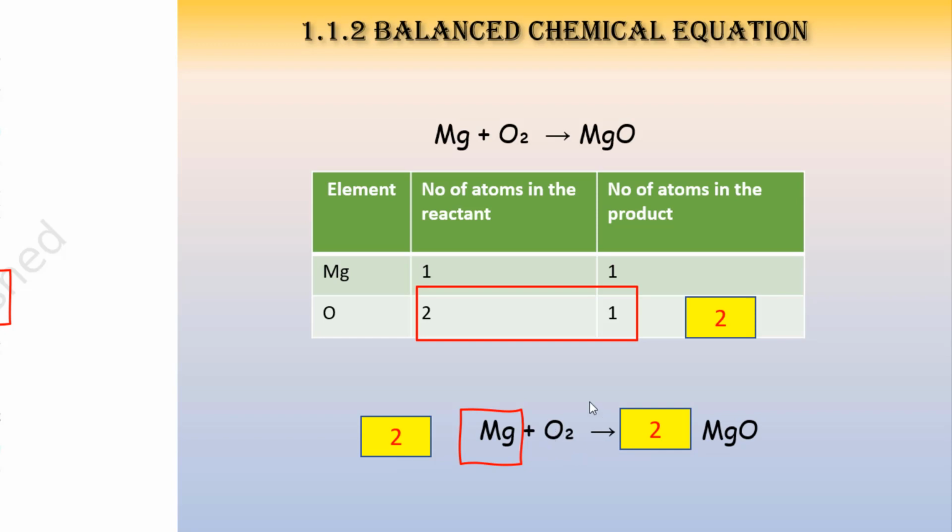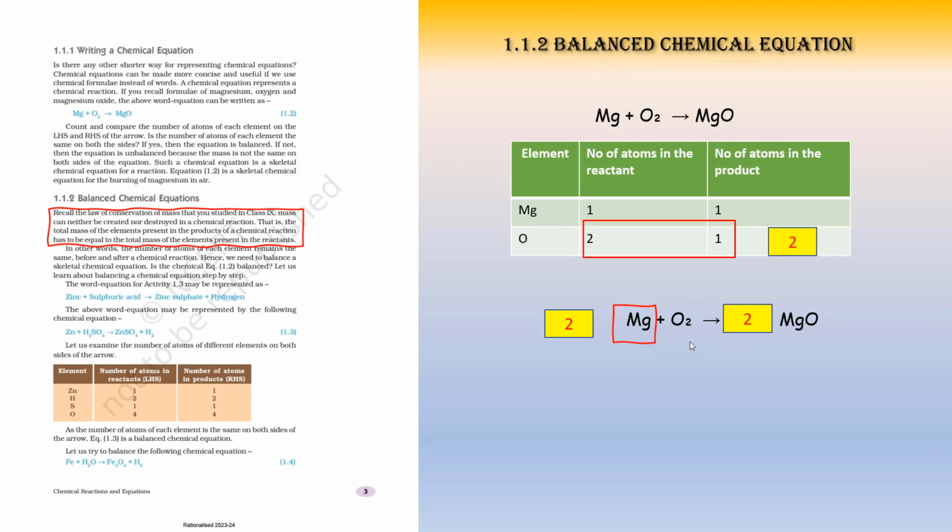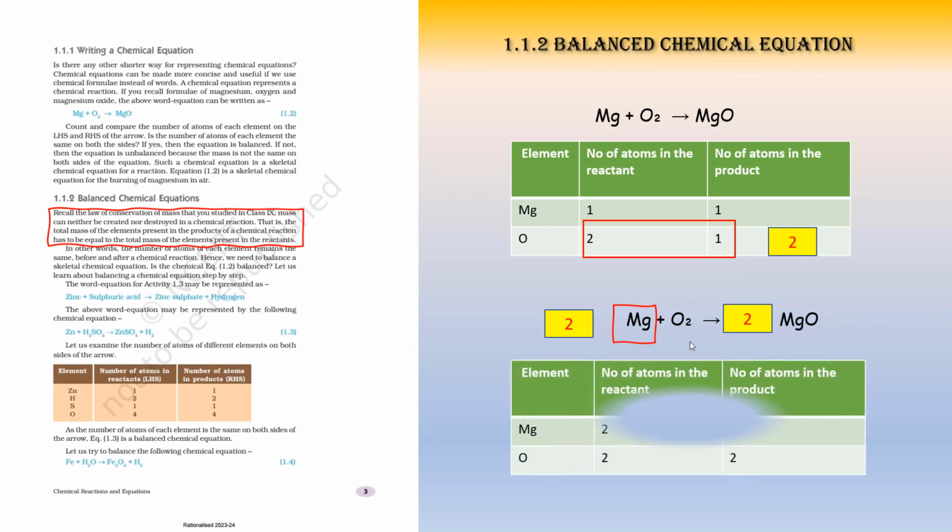In the case of oxygen, there are 2 atoms, while here there are 2 molecules of 1 atom each. Therefore, magnesium oxide, if you see the mass, and in case of magnesium plus oxygen, if you measure the mass, you should find that they are equal. The number of atoms in the reactant now and the product are balanced.